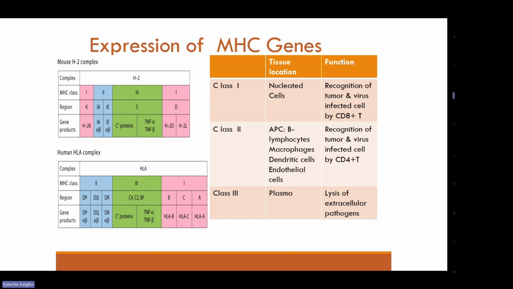It recognizes tumor and virus infected cells because it processes intracellular pathogens like viruses that have invaded the cell, taking over the cell mechanism. So to destroy these virus infected cells, the part of the adaptive immunity of the body that is engaged is HLA class 1.